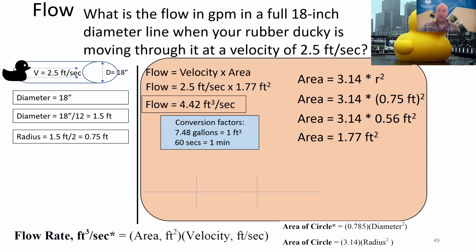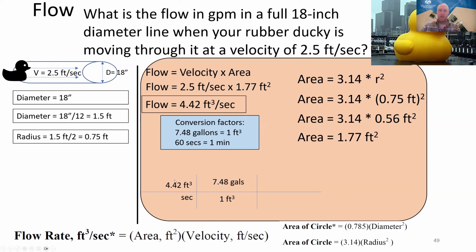Okay, so I'm going to set up my grid here. I'm going to put the first part down, that's my actual flow. So I'm going to have 4.42 cubic feet on the top, and that's our flow per second on the bottom. And then I'm going to put the first conversion factor in there, converting from cubic feet into gallons.